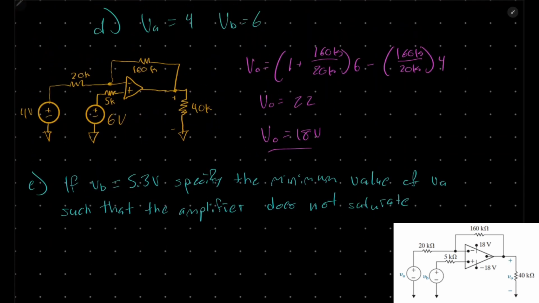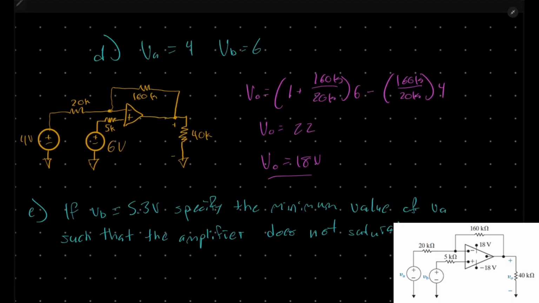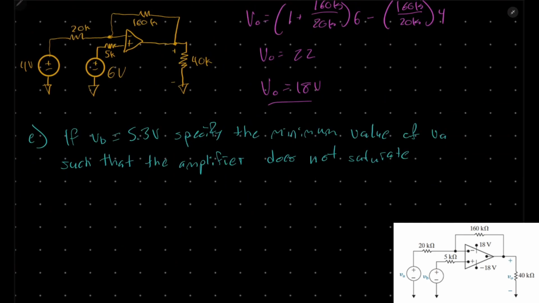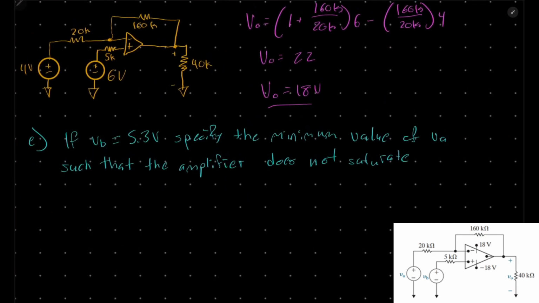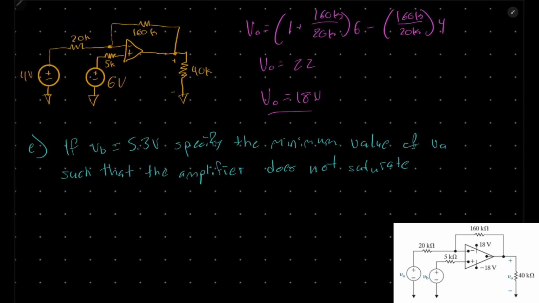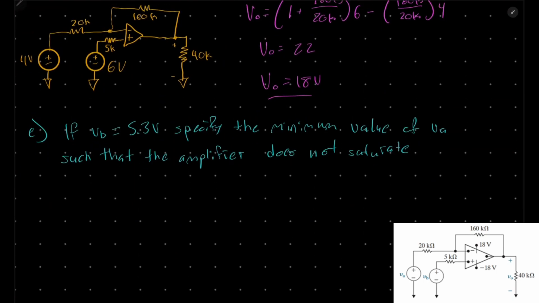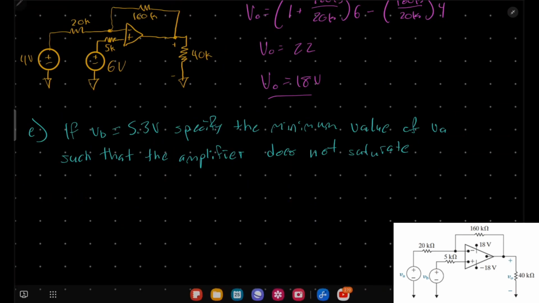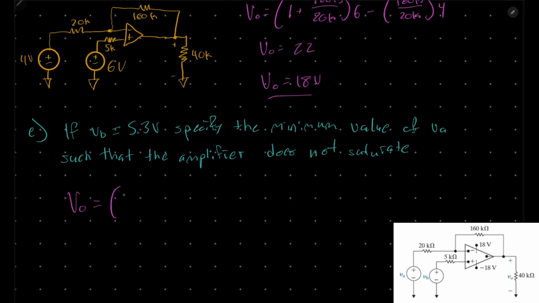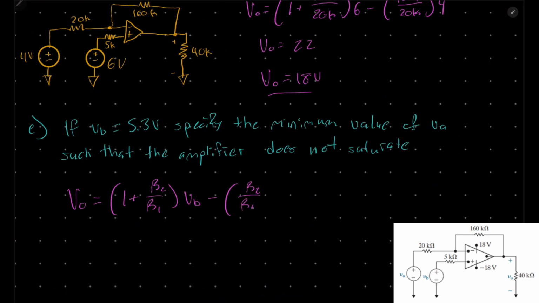But this time, we are going to set V out to negative 18, since negative 18 is the minimum voltage that we can get. So I'll rewrite our equation: 1 plus R2 over R1 times VB minus R2 over R1 VA.